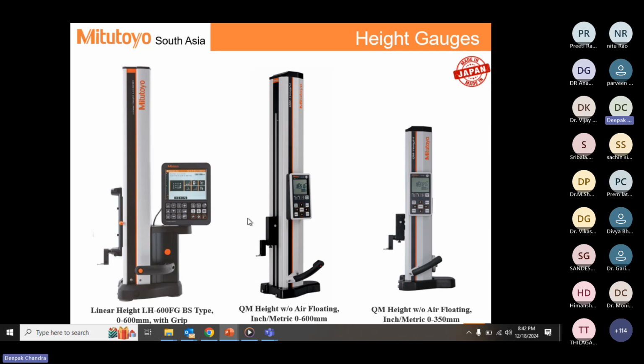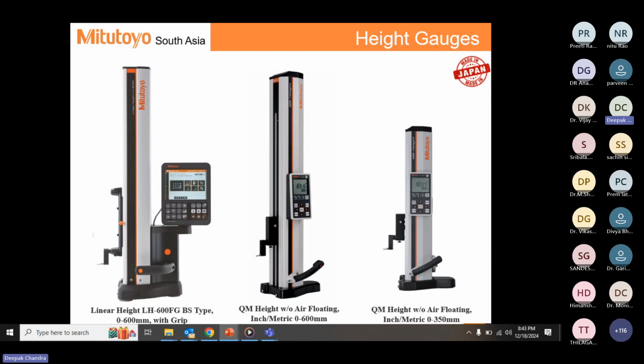So basically, to start a CMM takes time because CMM is a big machine. For a small parameter, like if I wanted to check the ID of a component or a small diameter of a component, I'm not going to operate such a big machine. So to check smaller parameters, people require a height gauge.